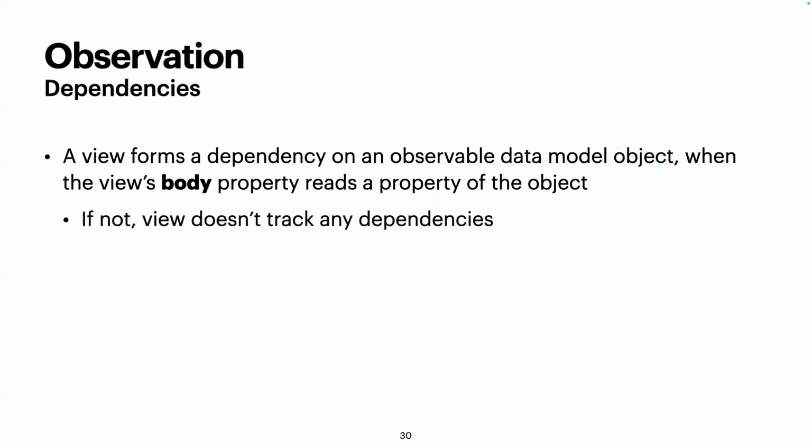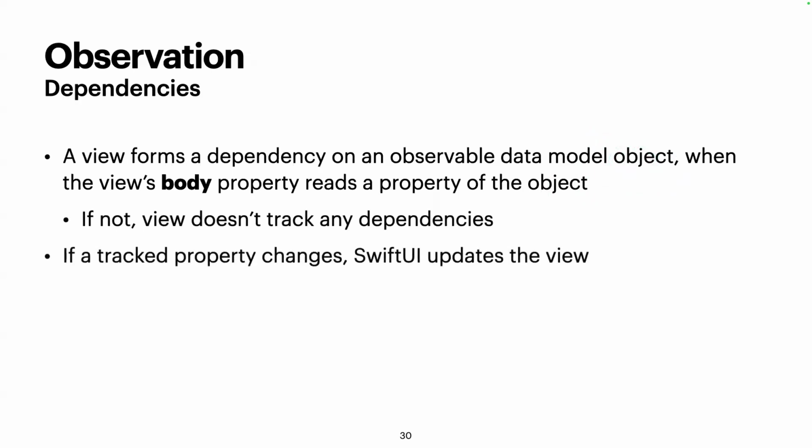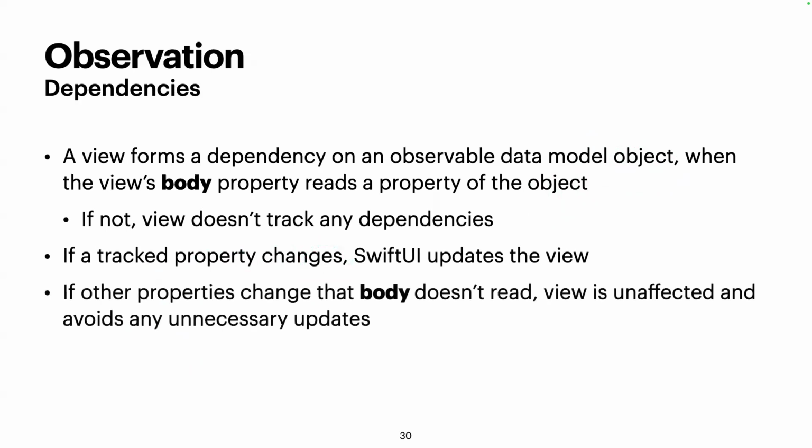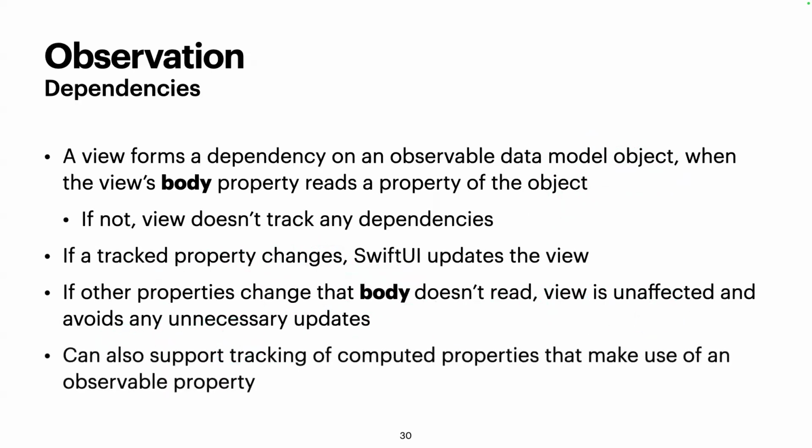If not, then the view doesn't track any dependencies. And for all dependencies, if the tracked property changes, SwiftUI will update the respective view. And if other properties change that the body doesn't read, the view is unaffected and avoids any unnecessary updates. You could also support tracking of computed properties that make use of an observable property. And we'll take a look at what computed properties are in a demo later.